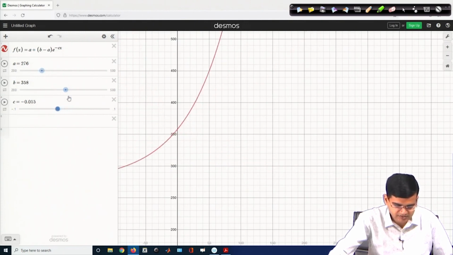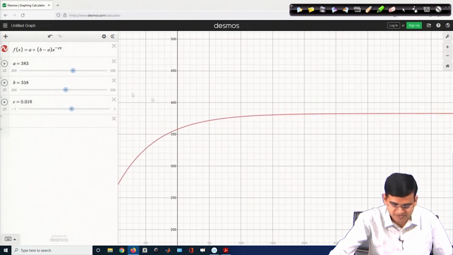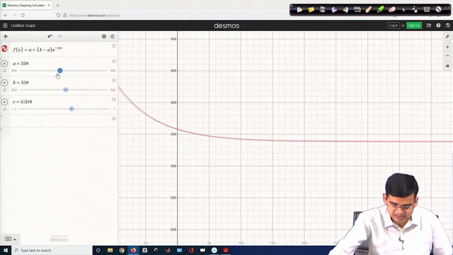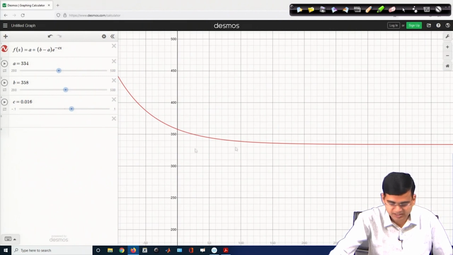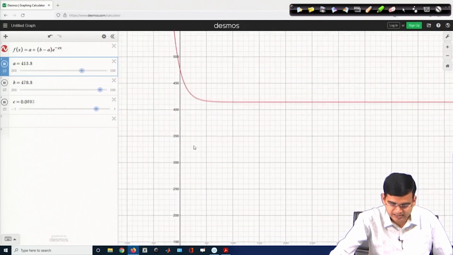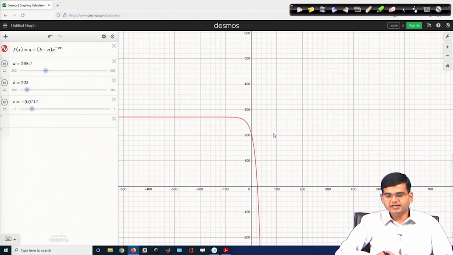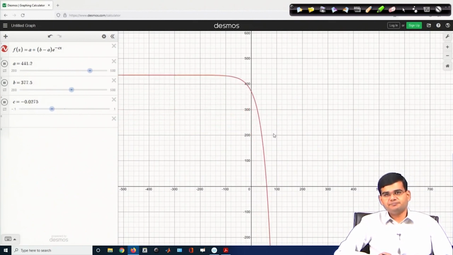So, for negative, the system diverges to negative infinity; for positive, the system saturates; and for this case also the system saturates. So, I can animate all of these, and then you will see that these are all the possibilities that the system can sample, and you can get the corresponding dynamics.